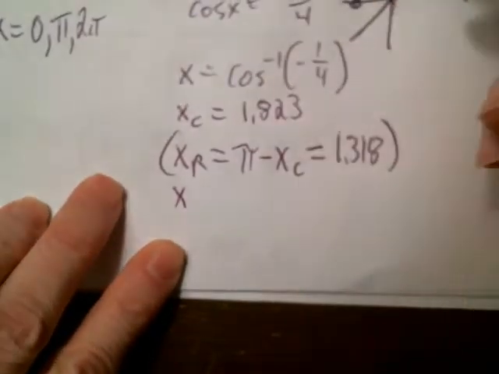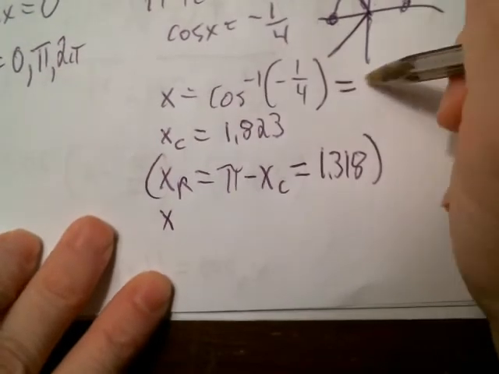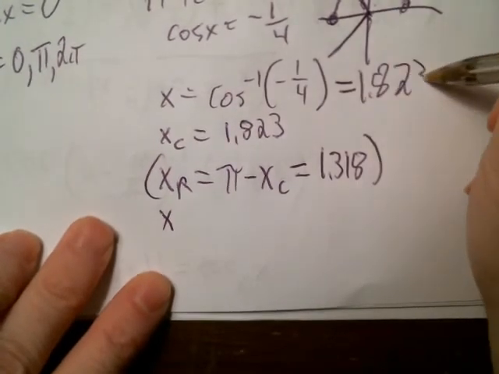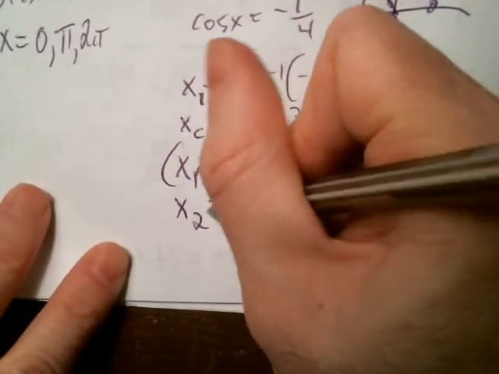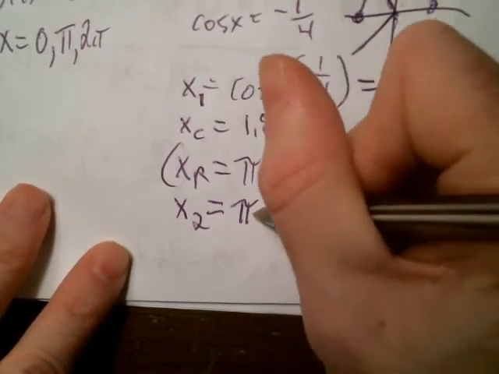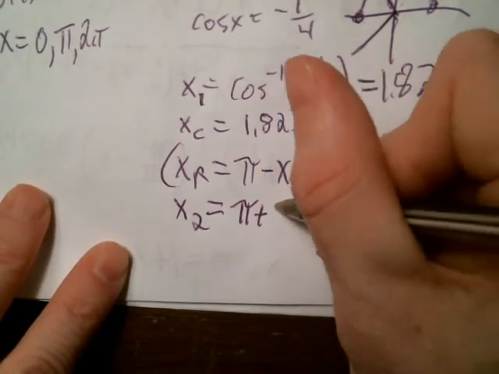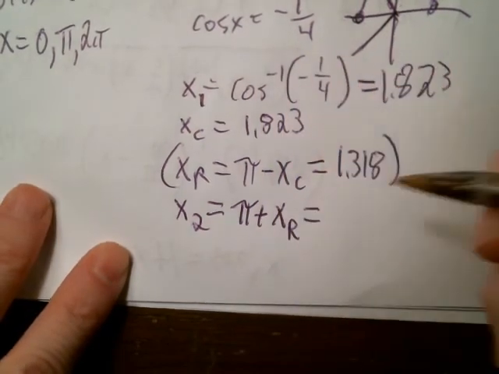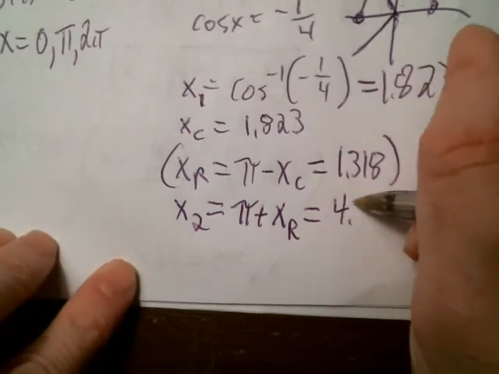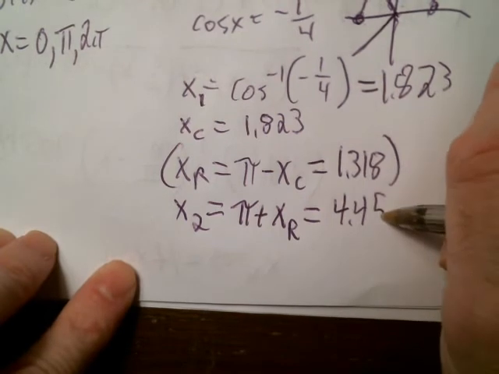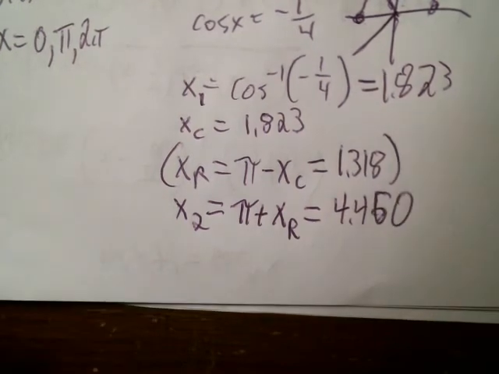So this one is x1, and x2 is pi plus the reference angle, x_r. So we go pi plus this 1.3-ish, so that looks like about 4.4597, so we round up, 4.460.